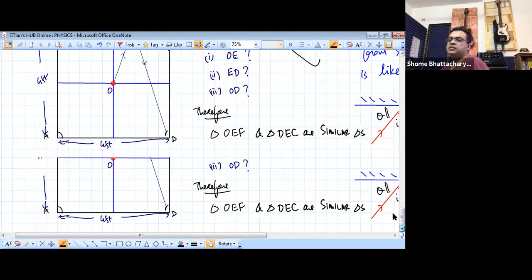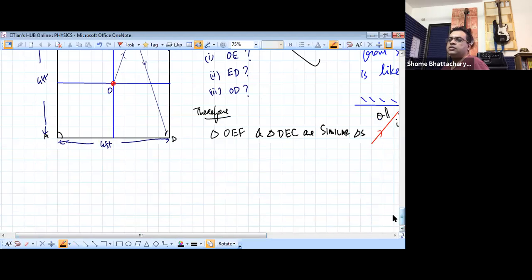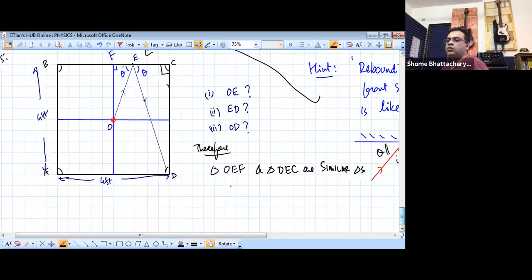So if they are similar triangles, then you can see that OF, that is this perpendicular side, upon CD. So ratio of perpendicular to perpendicular should be ratio of base to base. Now OF will be how much? It will be 2 feet.